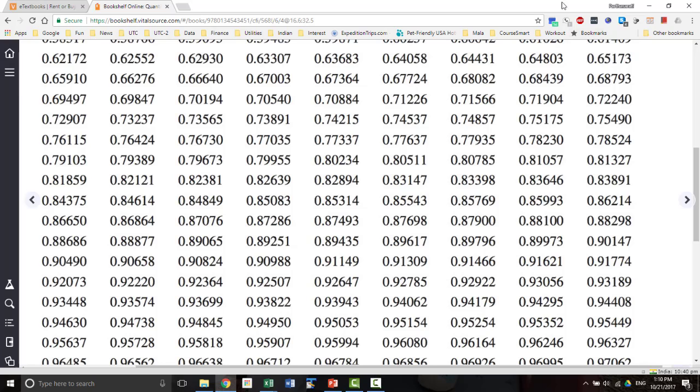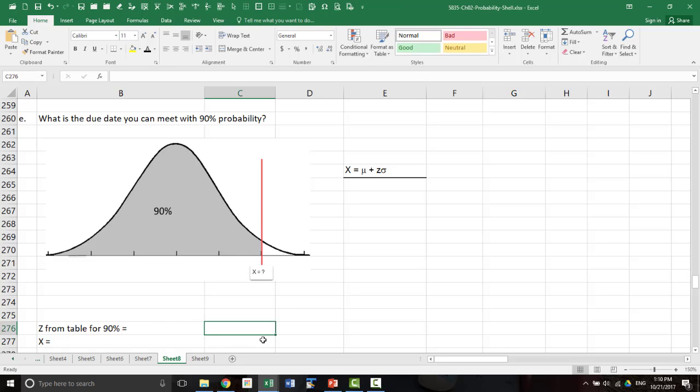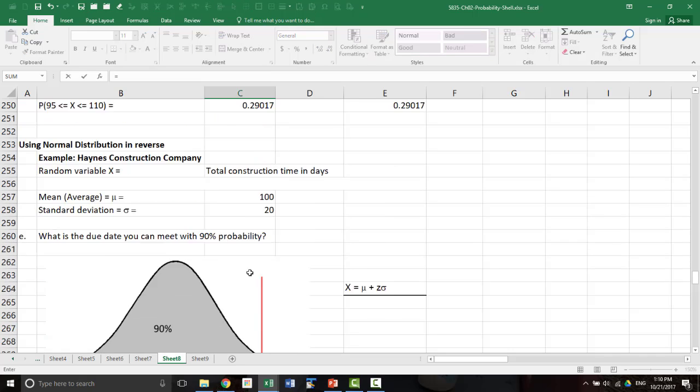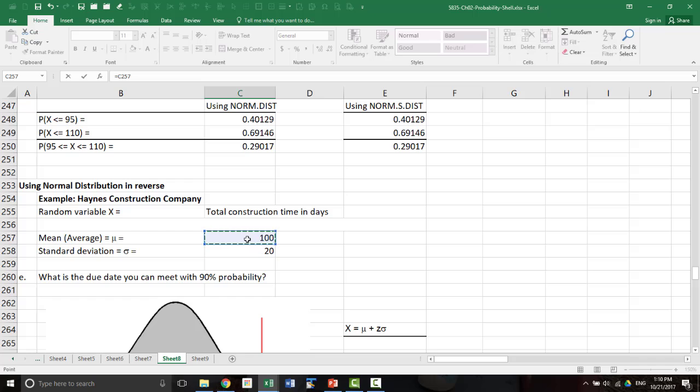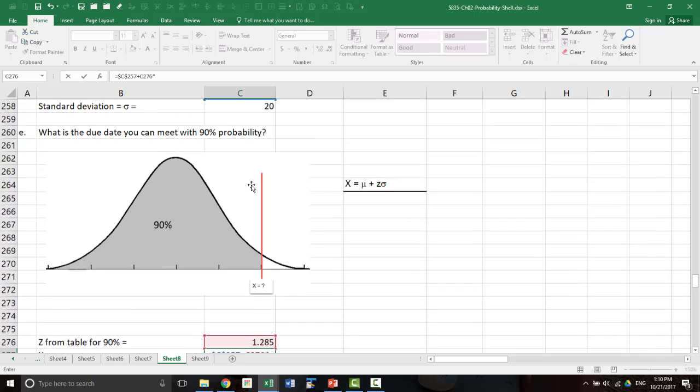So I'm going to take the average between 1.28 and 1.29 and use 1.285 as the z. Then x is mu plus z times sigma.